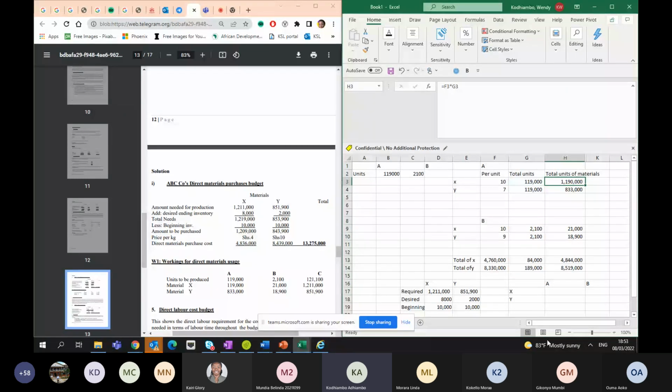So that is what I had, the 119. Then for B, the total for X is 21. So that is where I got the 21. Then let me just do the total here because of space.